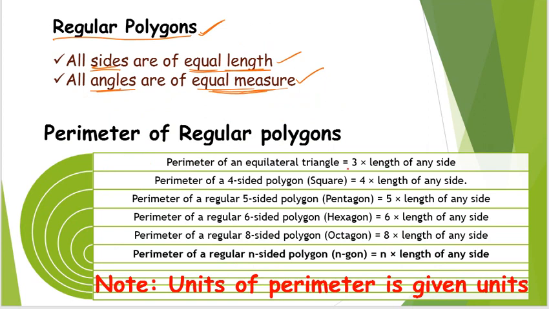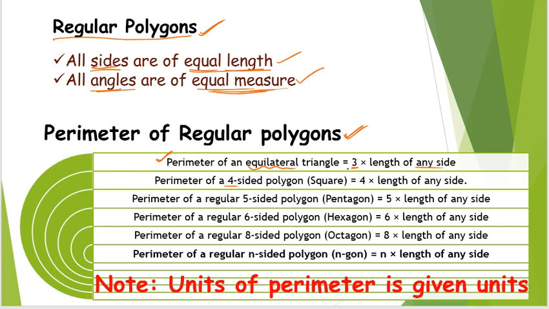Now let us see the perimeter of those regular polygons, one after the other. In a regular polygon the minimum number of sides that we can consider is 3. If you have 3 sides, such a polygon is called an equilateral triangle. The perimeter of an equilateral triangle is the number of sides into the length of any side.